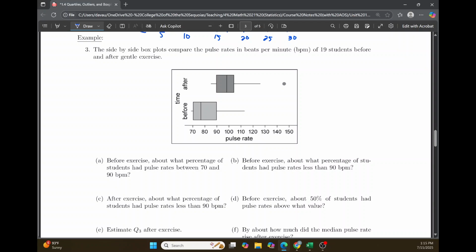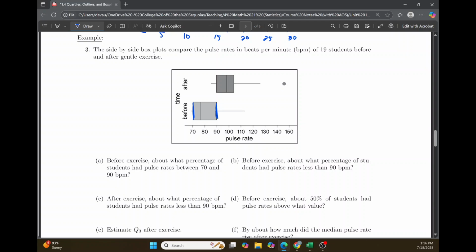Part A says, before exercise, about what percentage of students had pulse rates between 70 and 90 beats per minute? The box representing the students' pulse rates before exercise is the one on the bottom. We're looking for what percentage of students in that bottom box plot had a pulse rate between 70 and 90. That's about here and about here.